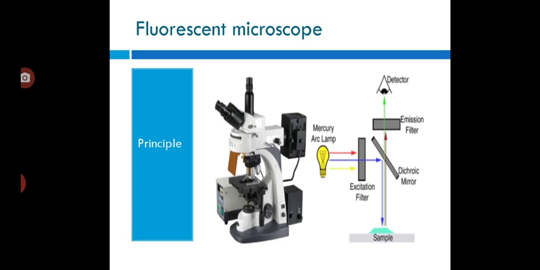The working of this fluorescent microscope is that specimens are exposed to light of shorter wavelength, that is UV light, which results in emission of longer wavelength, usually visible light. Light of the excitation wavelength is focused on the specimen through the objective lens. The fluorescence emitted by the specimen is focused on the detector by the objective.